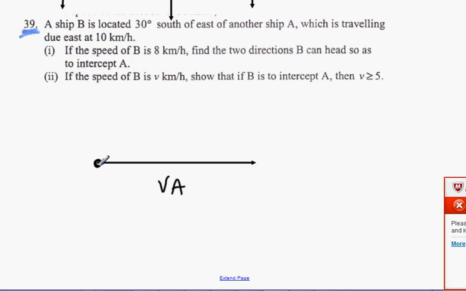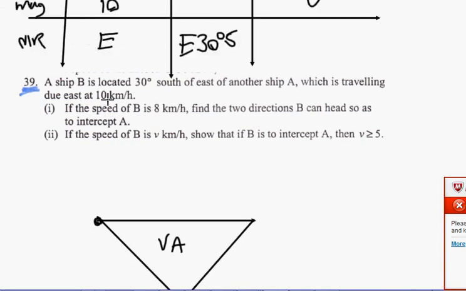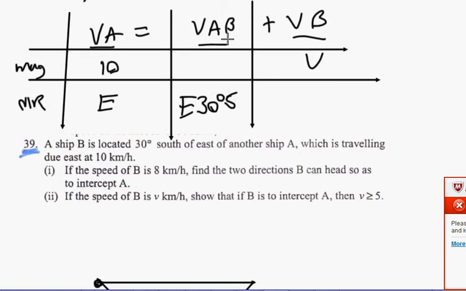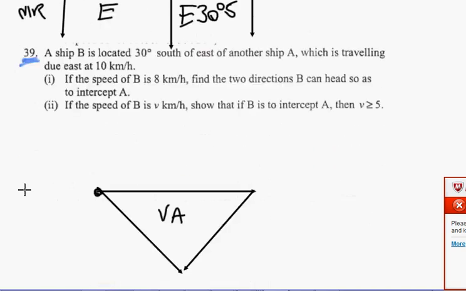Start that off at the same point, and then I have VB coming this way. The triangle rule is VA equals VAB plus VB.